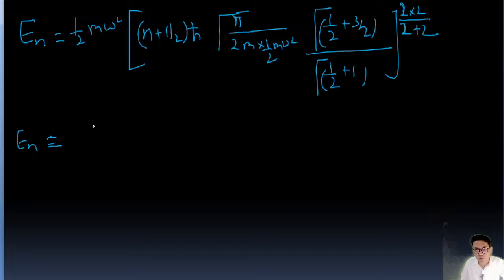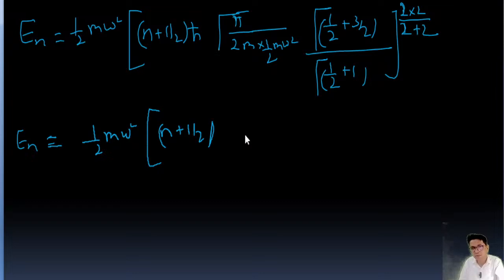So En is going to be half m omega square, and this is n plus half h cut, and root pi upon, this 2 will get cancelled, and this is m omega square, and root will remove the root, so this is m omega.